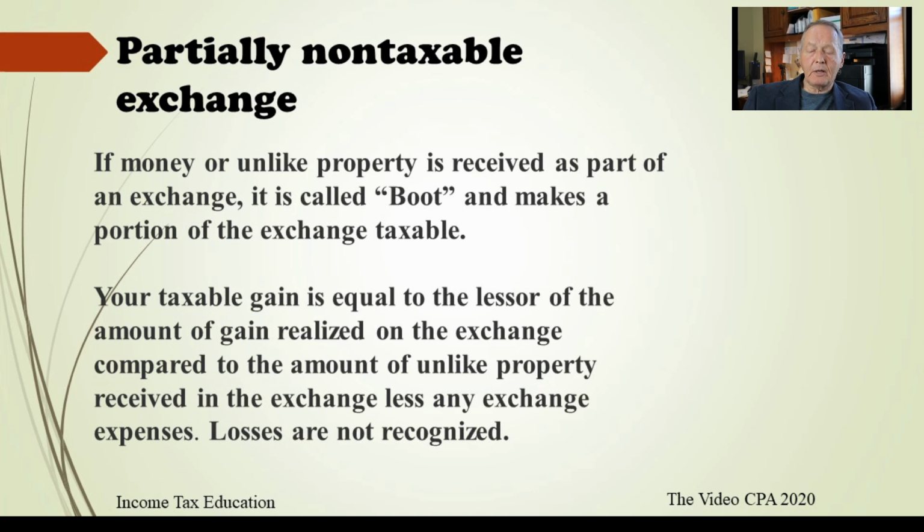And so the gain is stipulated as the total exchange gain on the exchange, or it's the amount of unlike-kind property exchanged minus the selling fees. So it could be that you've got an exchange, a gain on the exchange of $2,500, but your unlike-kind property is only about $500 when you subtract the selling fees, and so your gain is only $500. Okay, so it's the lesser of the two.